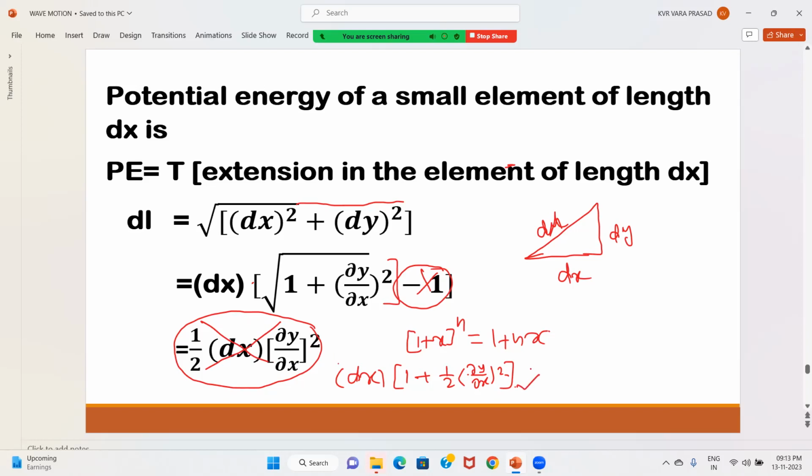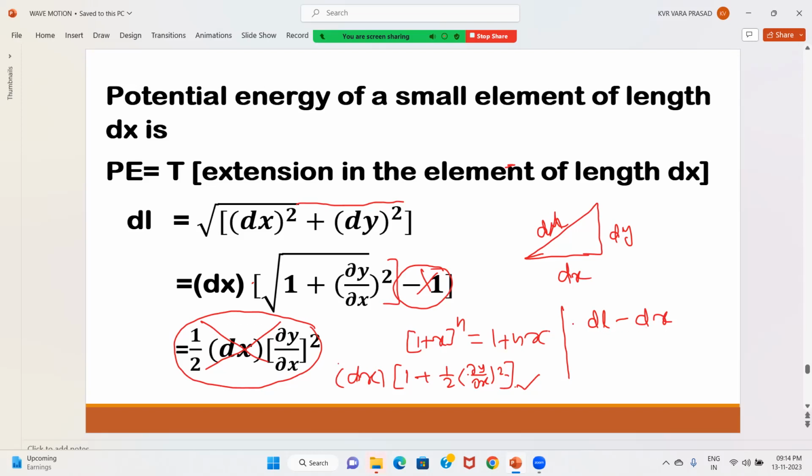Now we have to calculate what the elongation is. Elongation is nothing but dl minus dx, that is, final length minus initial length.